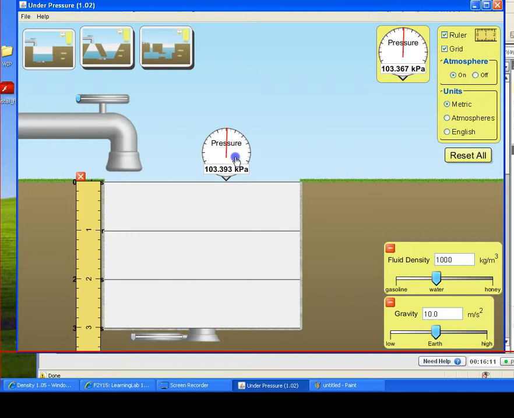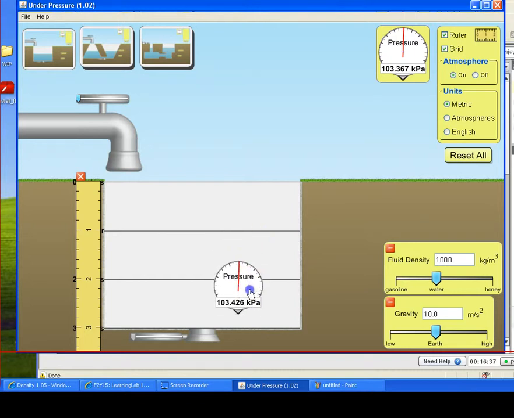Okay, so now let's measure the levels we get. So what did we get? Somebody please write this down. We get 103.393 at the 0 meter mark. If we take it to the 1 meter mark, we get 103.405. If we take it to the 2 meter mark, we get 103.418 roughly.